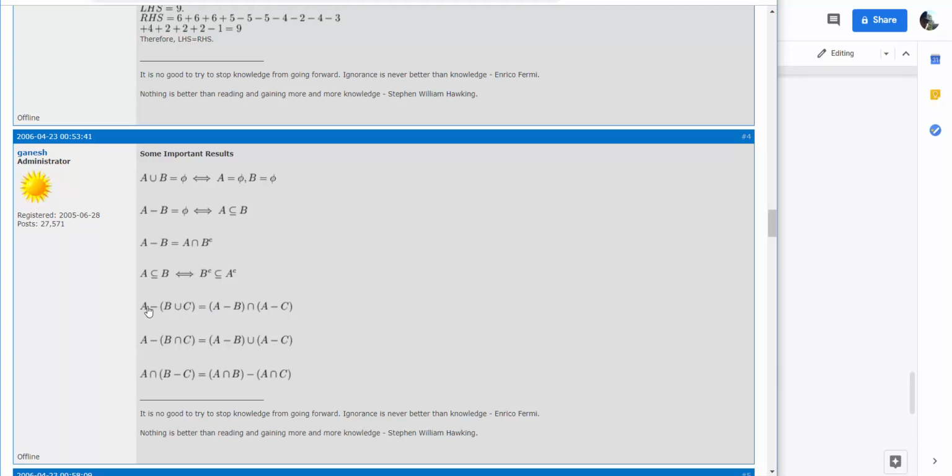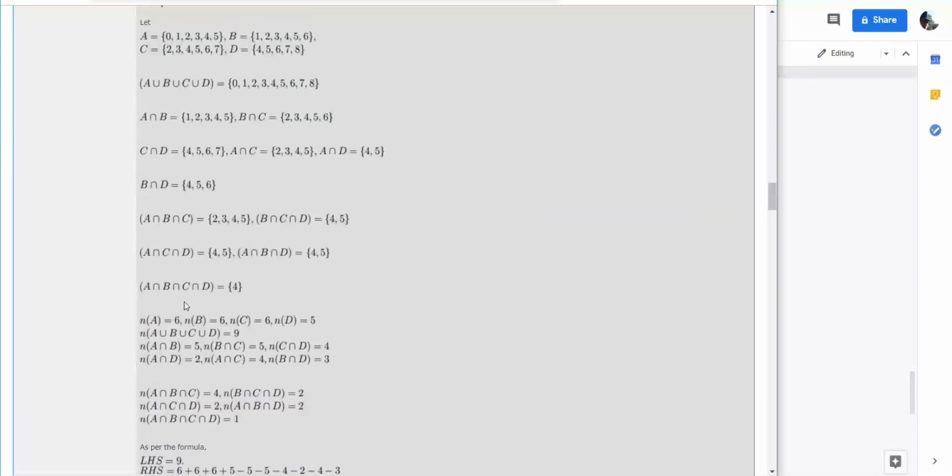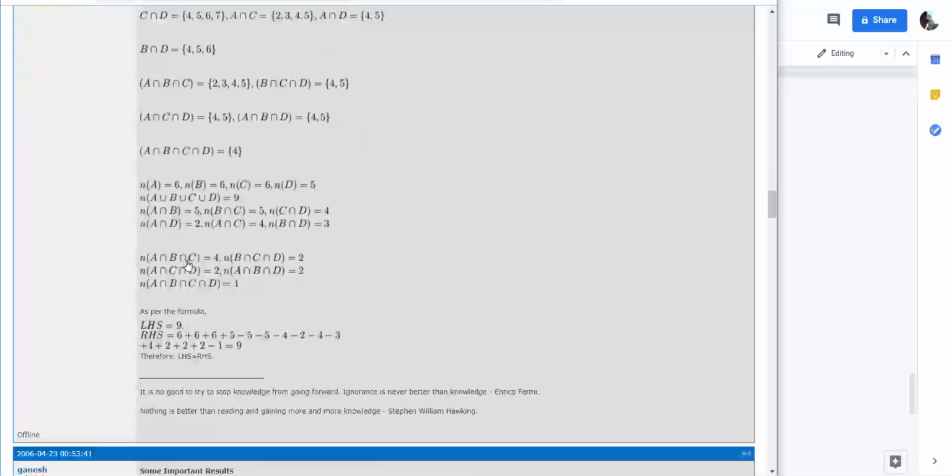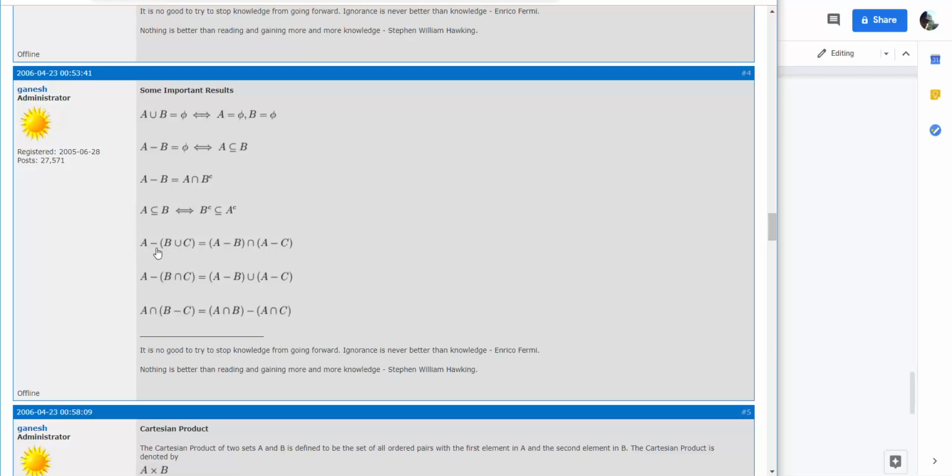So in this case, you would just go with A, you subtract A from B, and this is the distributive law. So A is subtracted from B, and then the union becomes an intersection, and then A minus C, just like that.